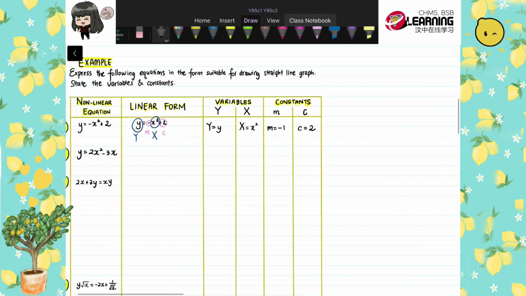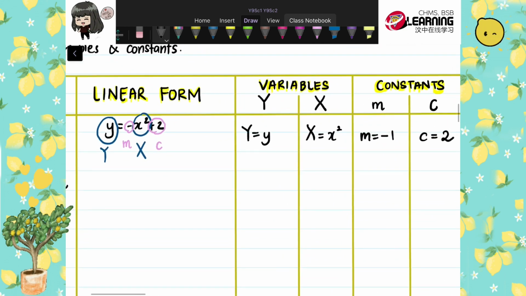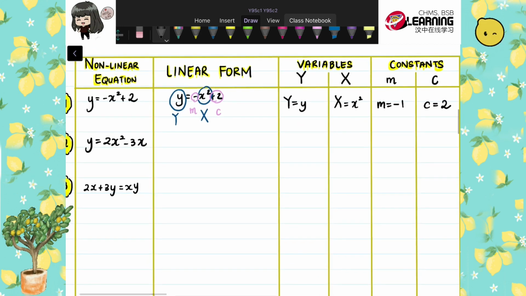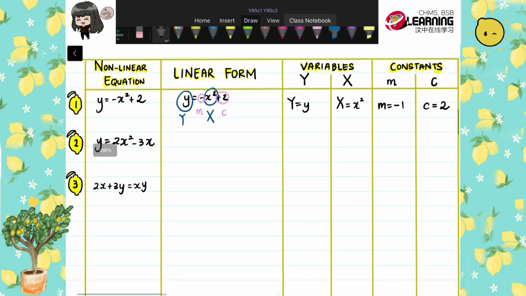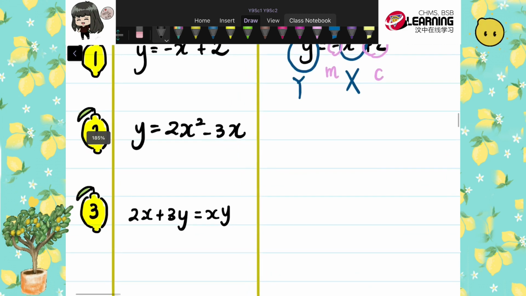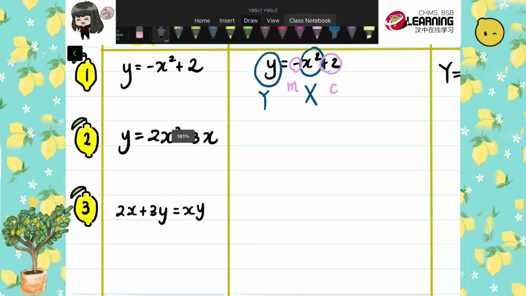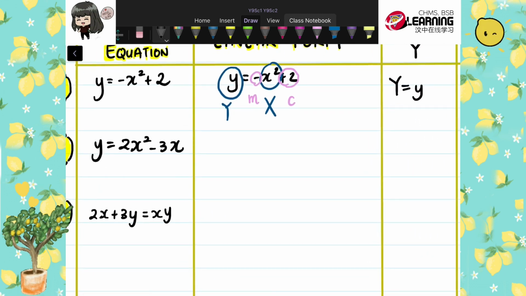You must write big letter Y and big letter X for your variables. Cannot write small letter, must differentiate the small letter and big letter. In this type of equation, the y and x are small letters, right? When you want to show your x-axis and y-axis, that is when you write your big Y and big X.